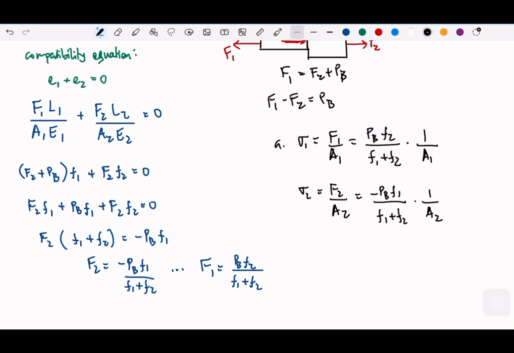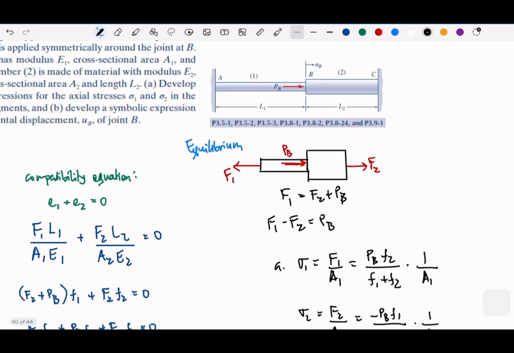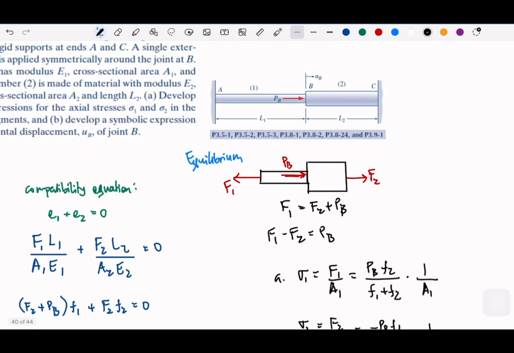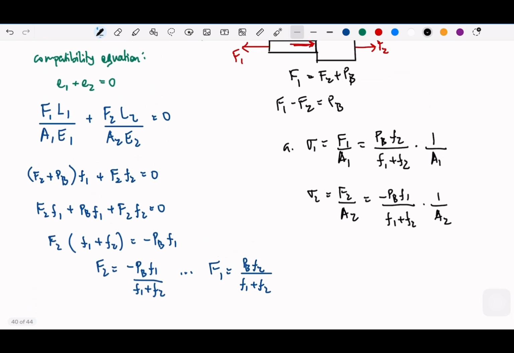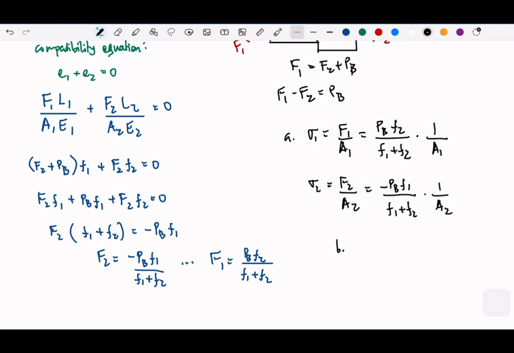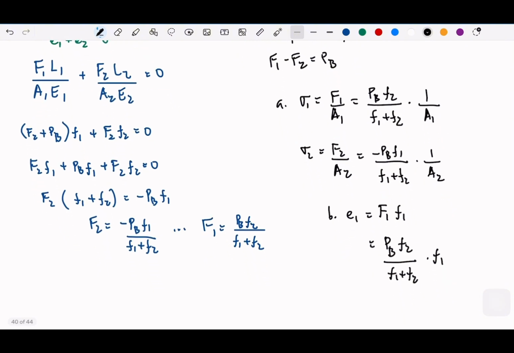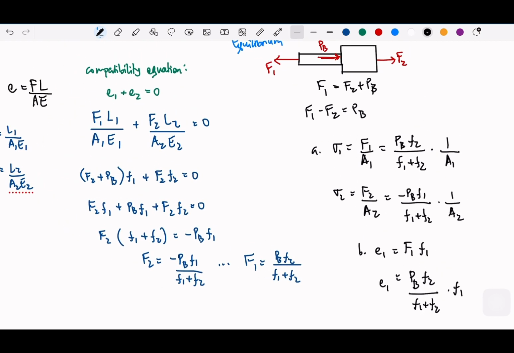Number B is the displacement. Because we know that UB is basically just the elongation of element 1, we know it from our elongation expression, f1. So we can write PB f2 over f1 plus f2 multiplied by f1. Okay, that's it. This is only the expression.